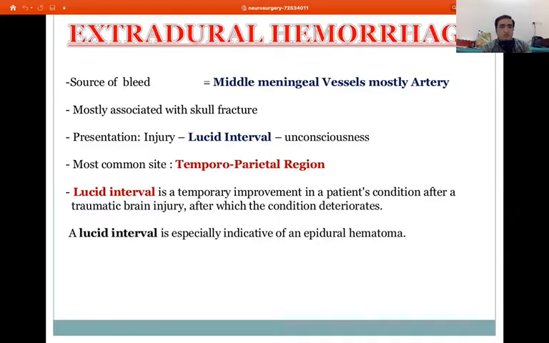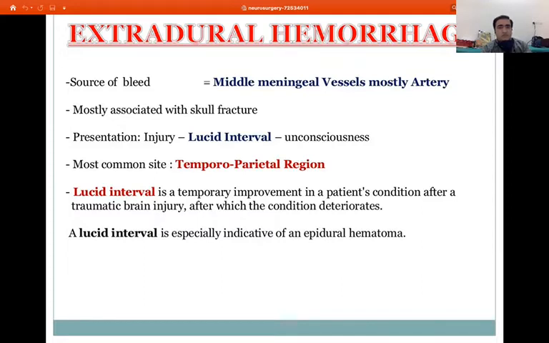Then as time passes, the bleeding from the vessel increases and the amount of hematoma gradually increases and compresses the brain parenchyma, which leads to altered sensorium and the patient becomes unconscious. Many times we notice a history of the patient falling from a bike or some accident.